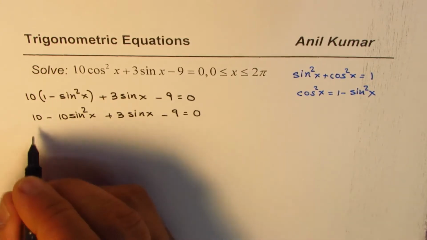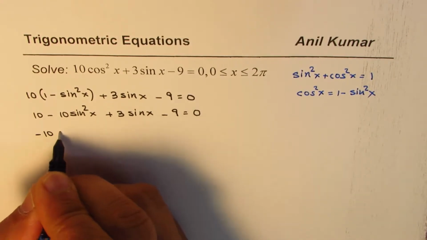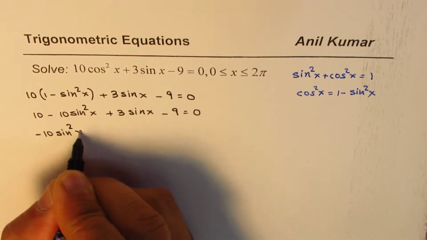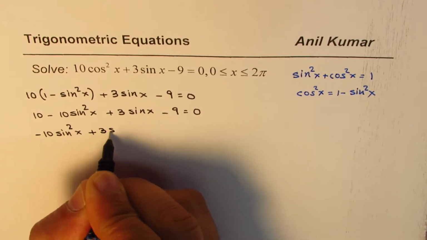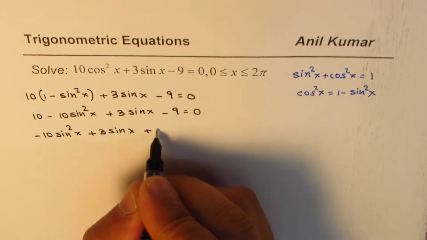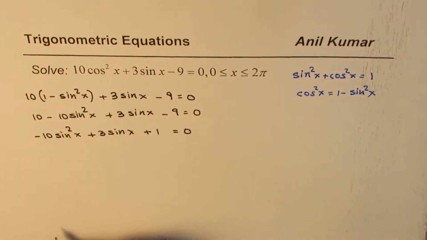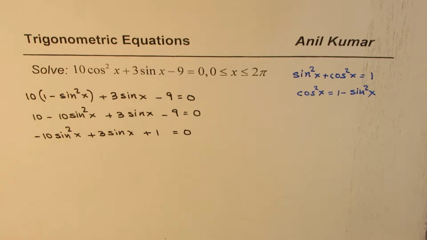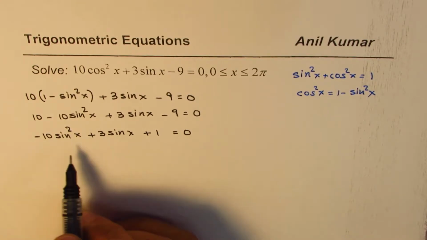We can combine 10 and 9. So we have minus 10 sine square x plus 3 sine x, 10 minus 9 is plus 1, equals 0. So there we have a quadratic equation in only sine.